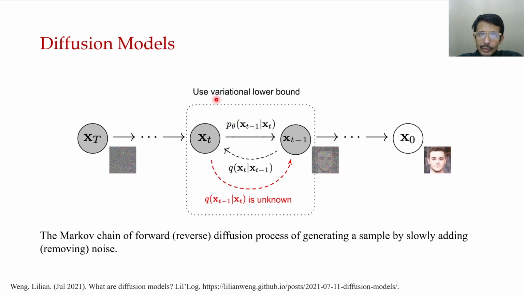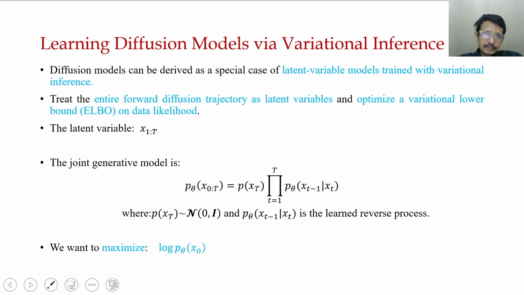And in the next few slides we are going to see the variational lower bound. At every step we are doing this; this is just one step. Now we have to understand how we can do this.